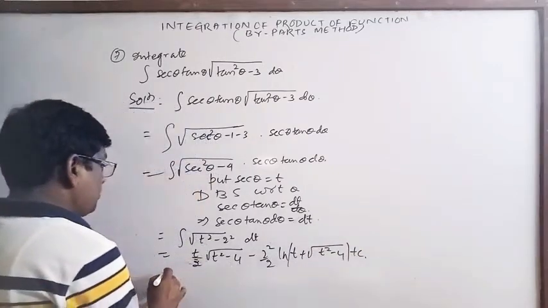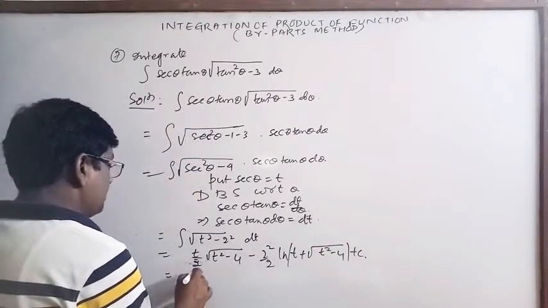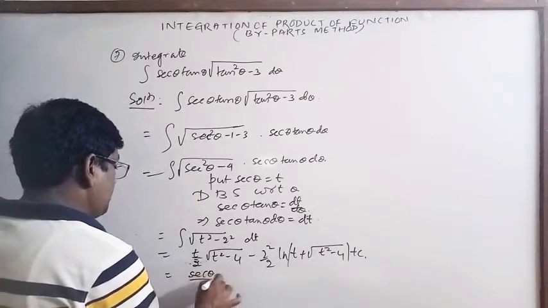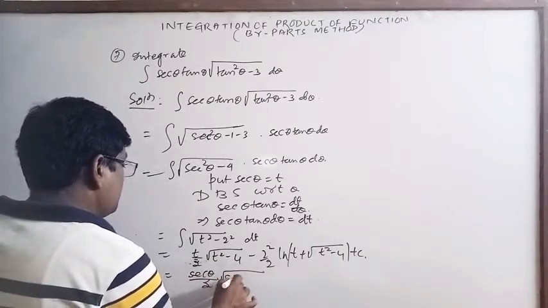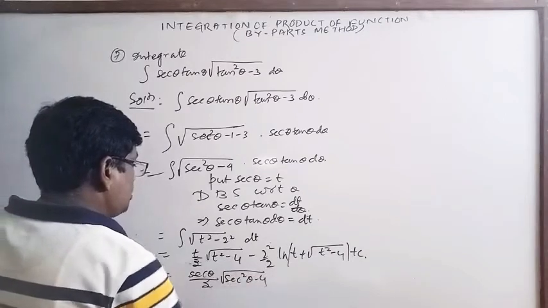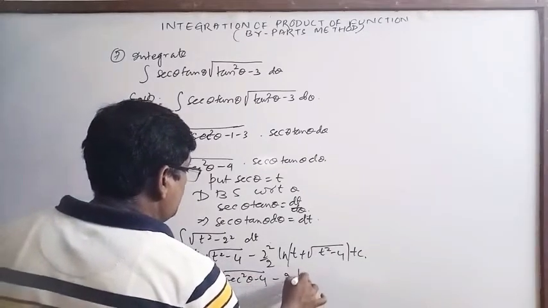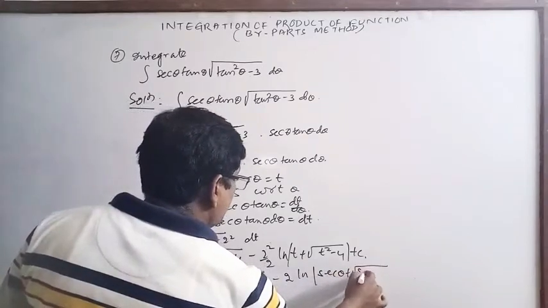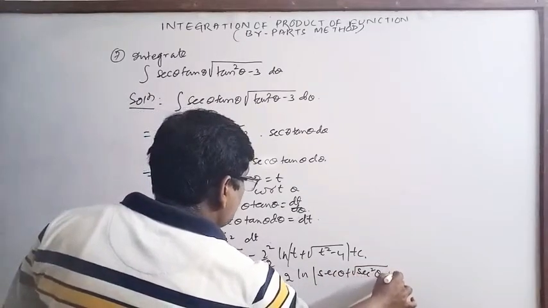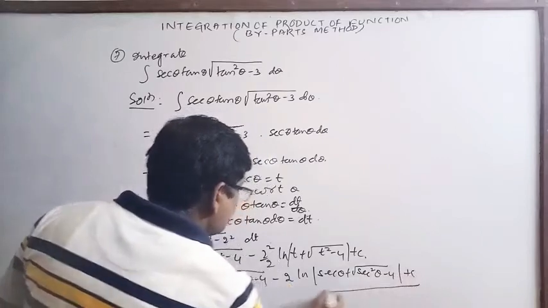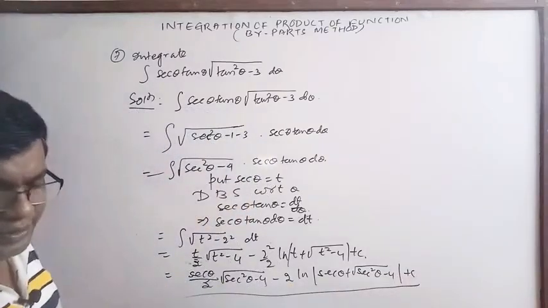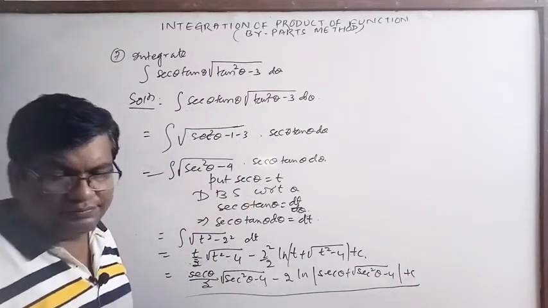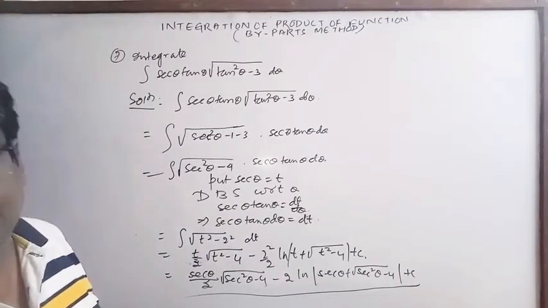T means sec theta. So the answer is sec theta divided by 2 root over sec square theta minus 4, minus 2 log mod of sec theta plus root over sec square theta minus 4, plus c. This is the answer.